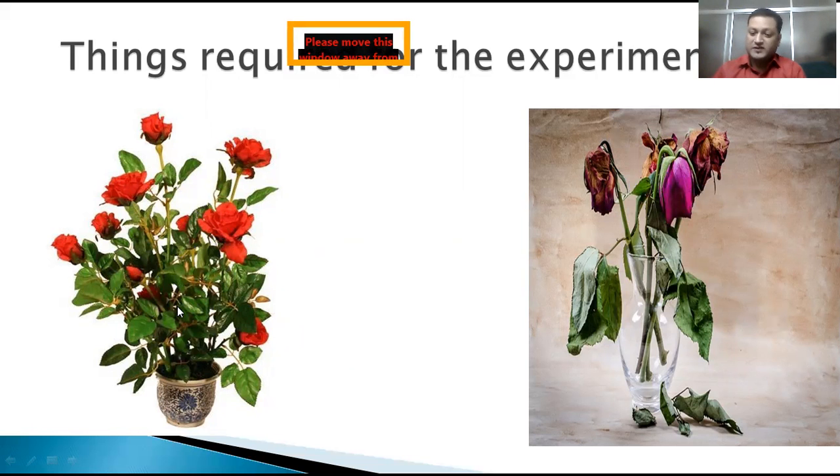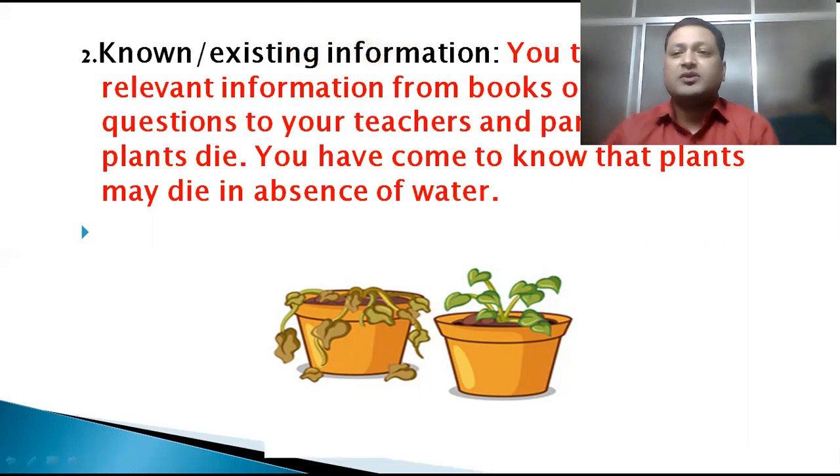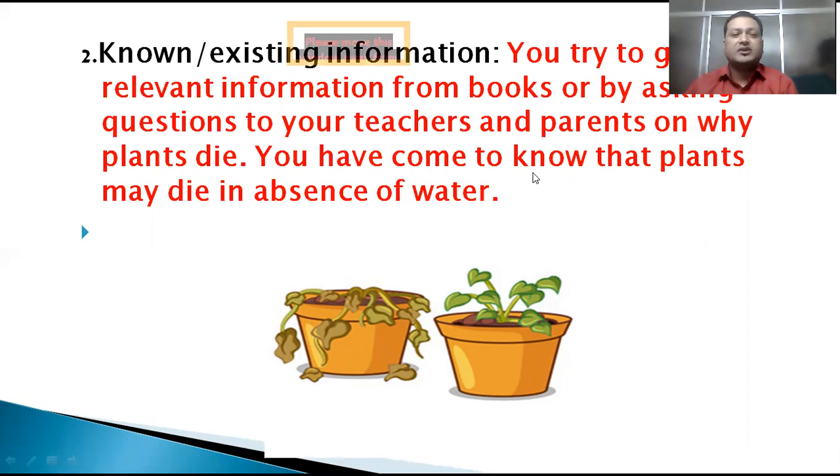Okay, so let's see. So students, number two, existing information you try to gather. You try to gather what? You try to gather by asking questions to your teachers and parents on why plants die. You have come to know that plants may die in the absence of water.